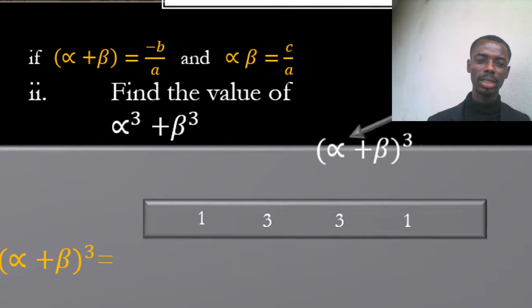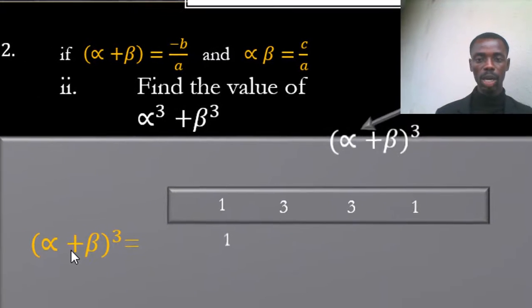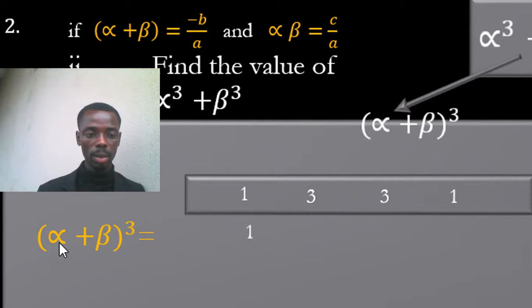Okay. How do we start? We start by bringing this 1. Now the 1 is out already. Then in this bracket, we're having just two terms. The first term is alpha, and the other term is plus beta.